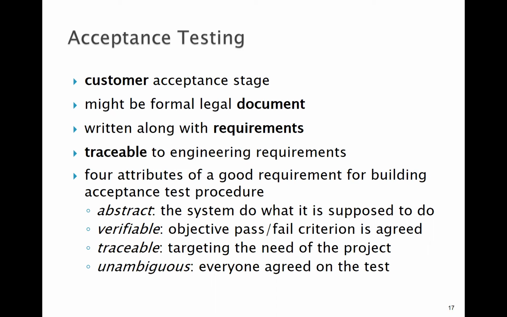The system does what it's supposed to do; you have to make sure. There should be objective pass and fail criteria. We have to agree with the customer on criteria for pass or fail. We have to target the needs of the project, and everybody should be on board with the test here.